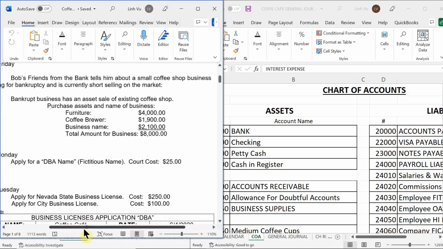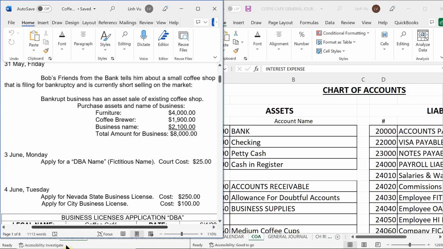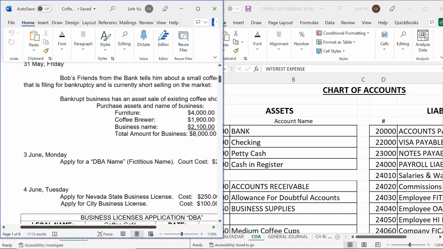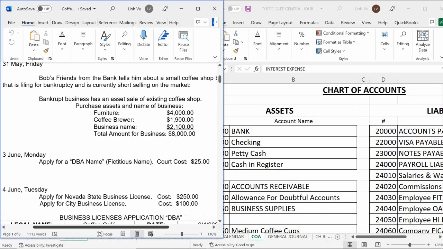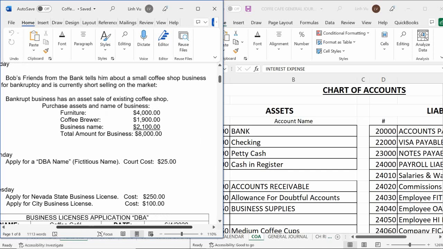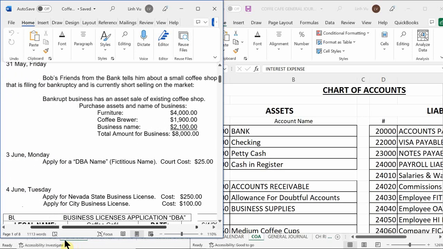So then, because of that idea, like we just said, we need to buy a permit. So what did we do? On June 3rd, we decided to apply for a DBA name. DBA stands for doing business as, okay? And of course, that cost you $25 because this time I want to change the name.